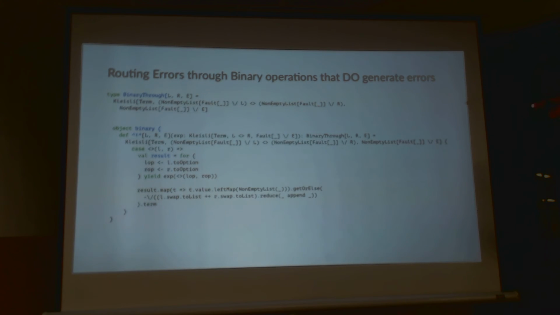Now get or else is if there's an error condition, and that's where we say, okay, it's a left-hand disjunction, but we're not going to only just swap the left side so we can get the error off of it. We're going to swap the right side too. And we're going to return the list because this could be a list of errors. We're going to append them all together and reduce them by appending all the errors into one big non-empty list. And then we convert to a term. So very similar conceptually for binary operations. So does that make sense, everybody?